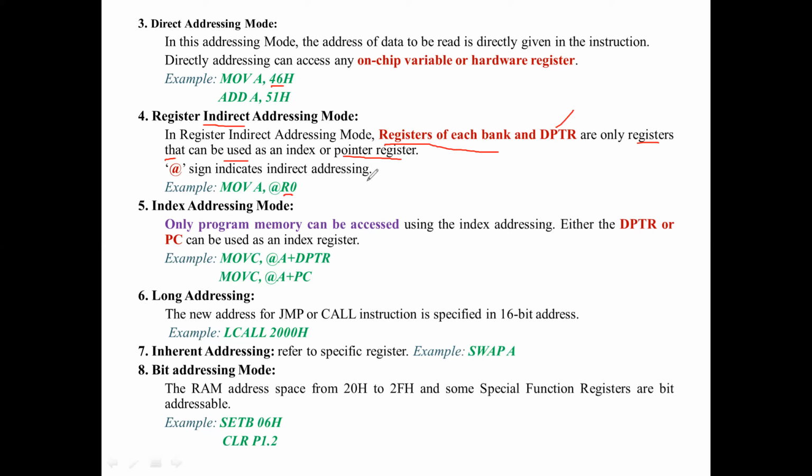For example, if R0 is having 46H, now this is going to be a pointer for the memory location. This is the internal RAM.